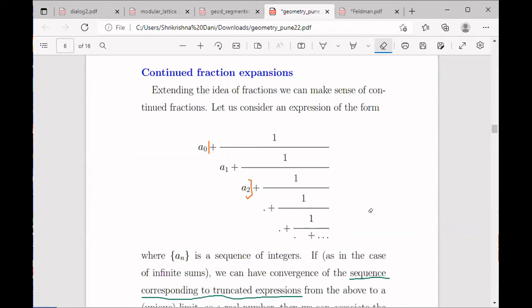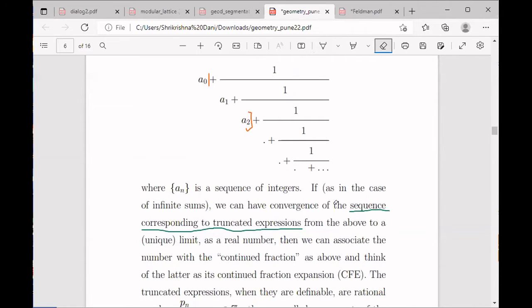So that's the idea of continued fractions briefly. These are called truncated expressions. The corresponding rationals are also called convergents, and if they converge to a certain number, then you think of this as a continued fraction expansion of the number.